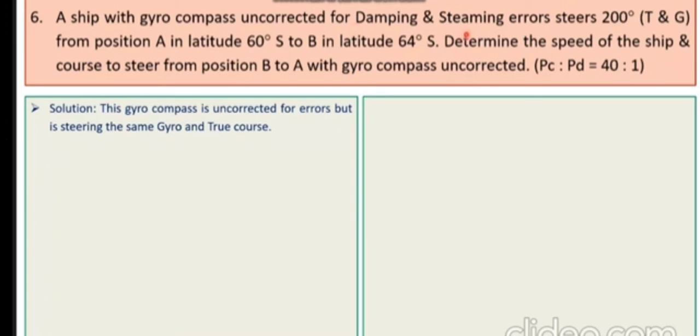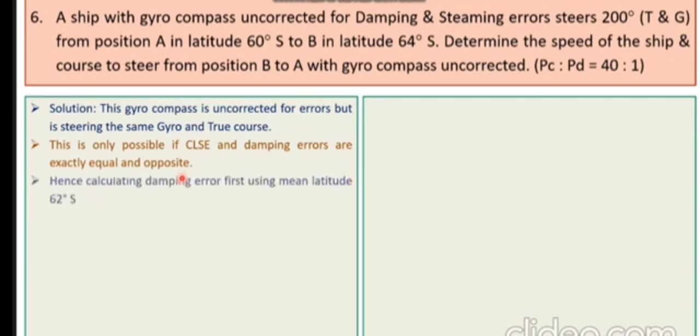That's only possible if both these errors are exactly equal and opposite to each other, thus cancelling out and making the gyro error zero. So the gyro compass is uncorrected for both the errors, but is steering the same gyro and true course. This is only possible if the CLSE, steaming error, and damping errors are exactly equal and opposite.